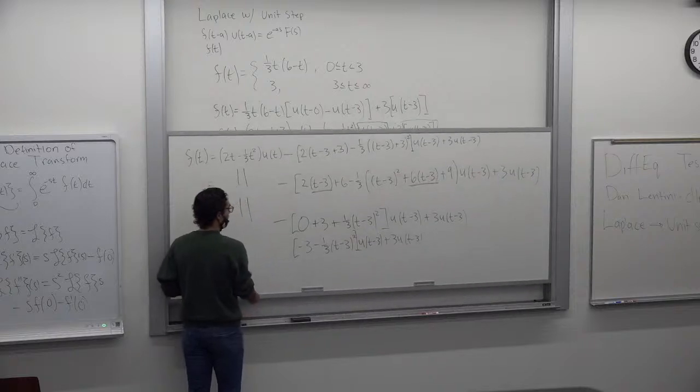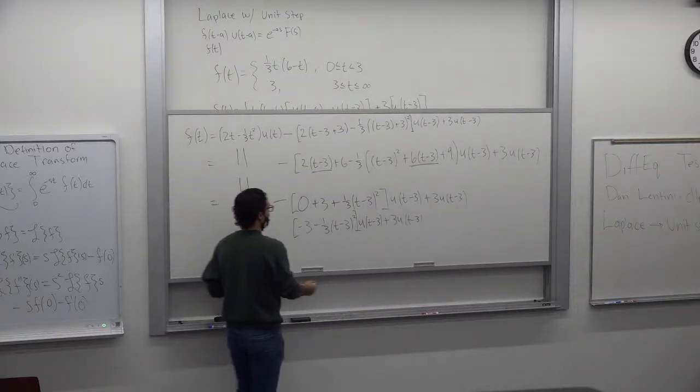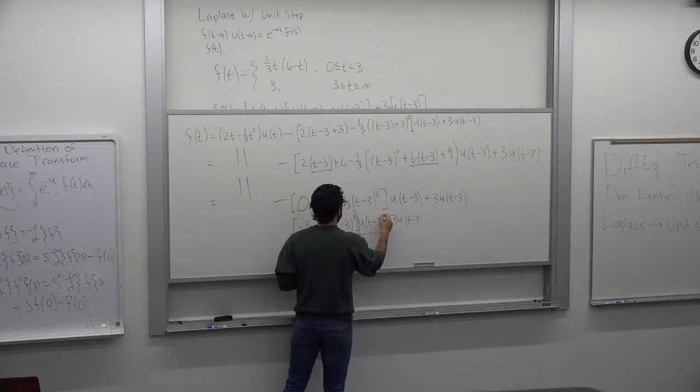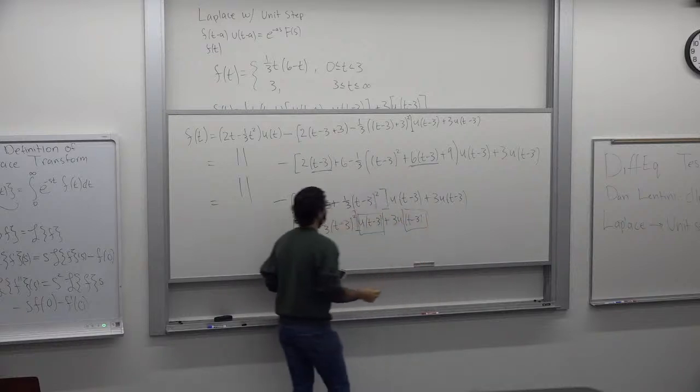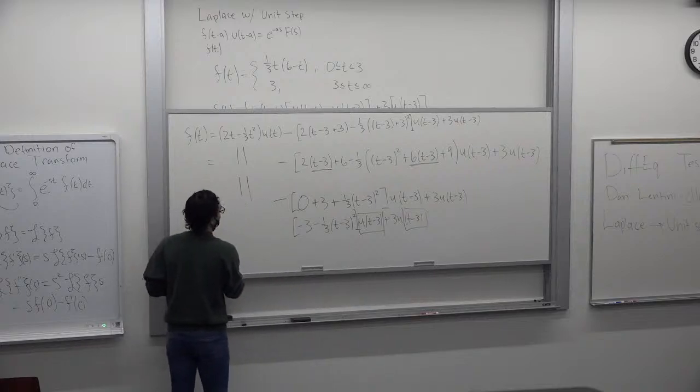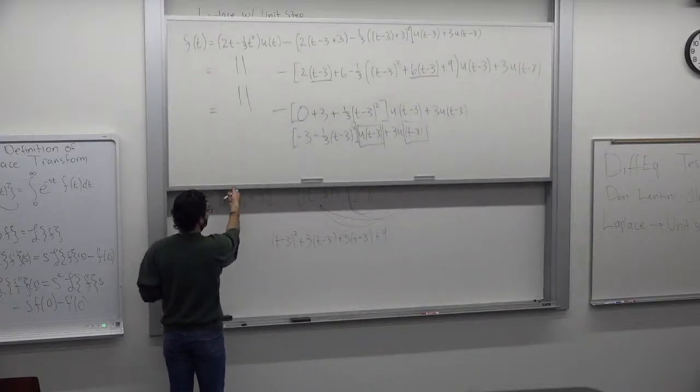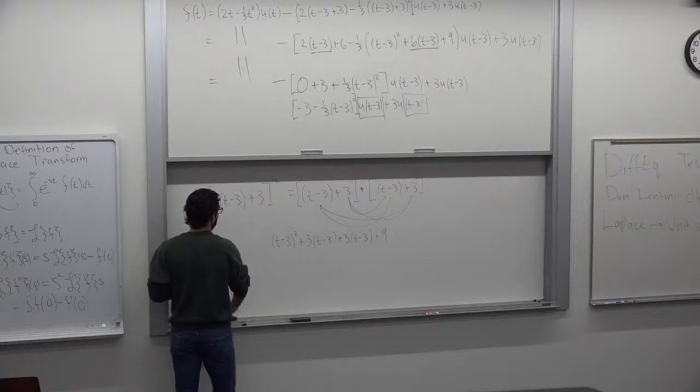So now I can factor out this u of t minus 3. So that leaves us with, okay, I'm erasing this.